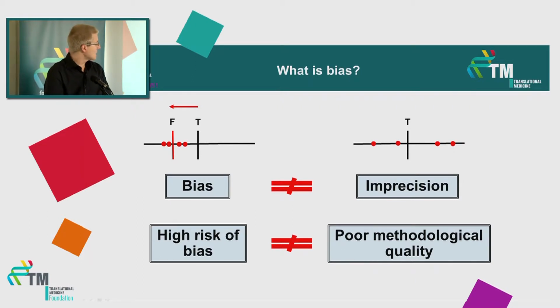Another common mistake is the confusion of the risk of bias assessment and the methodological quality. Because you may have studies having high methodological quality, however of high risk of bias. Why? Because authors do not design their studies to fit our meta-analysis.